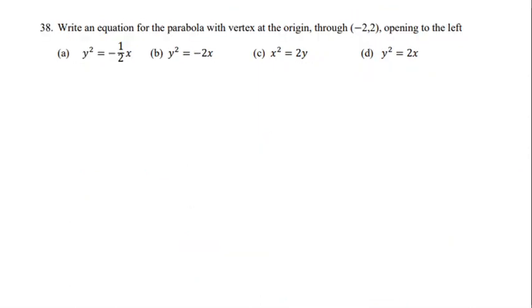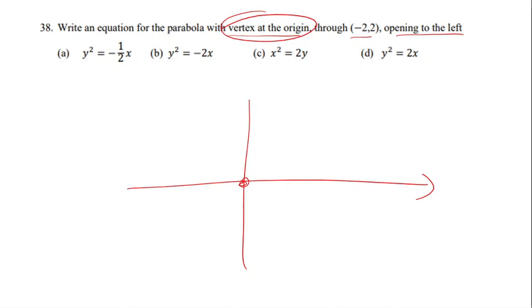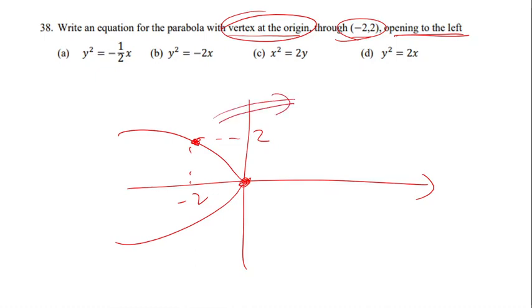Now write an equation for the parabola with vertex at the origin and through (-2, 2), opening to the left. So the vertex is at the origin, and it opens to the left, and (-2, 2) is on the graph. So we have the 4p x equal to y squared case, and we put the point here, because if the point is on the graph, it will satisfy the equation.